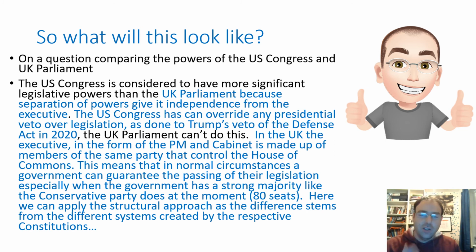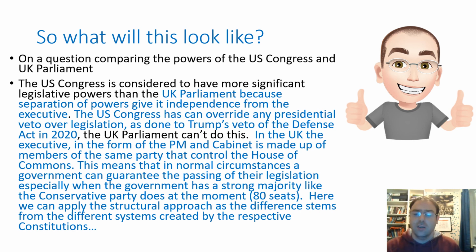And again, to really polish this off and make it absolutely excellent, I would then go on to a bit of explanation, filling out exactly what the structural approach is: it's about the systems, about the structure of how the political systems are built, and therefore fundamentally this difference between Congress and Parliament comes down to the structures of the two political systems.